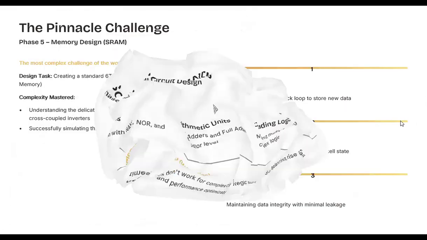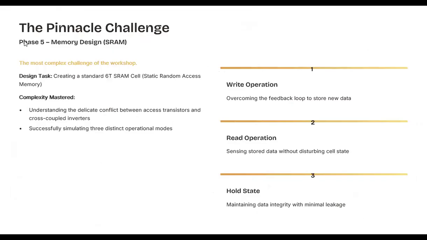Then after doing this, we started studying the memory design, which is SRAM. In SRAM, we talked about the write operation, read operation, and hold state, and we saw that the write and read operations are dynamic operations, where we talk about dynamic power. Hold is the static operation, where we talk about static power.